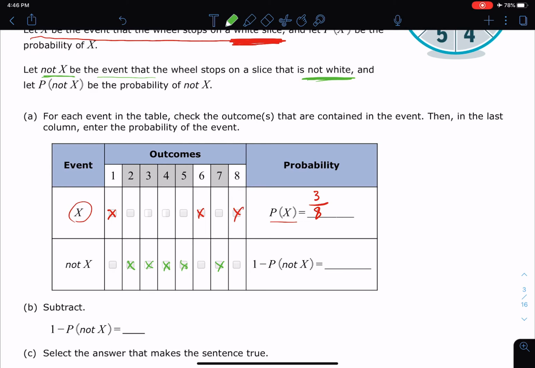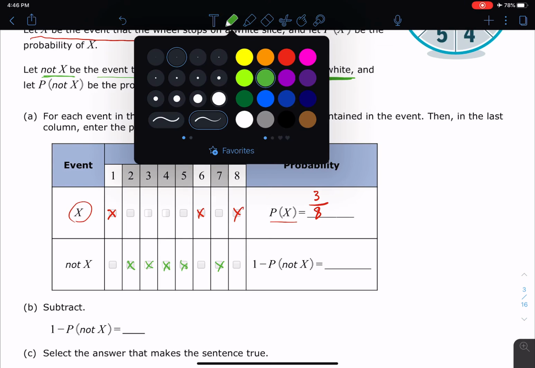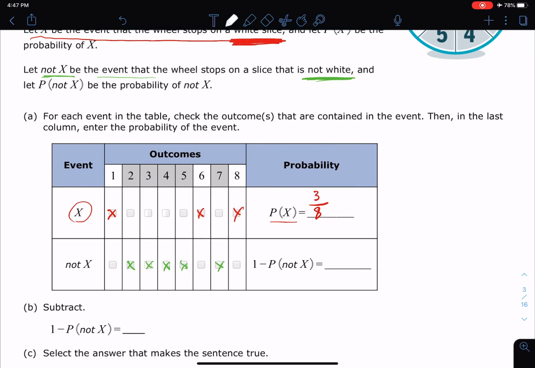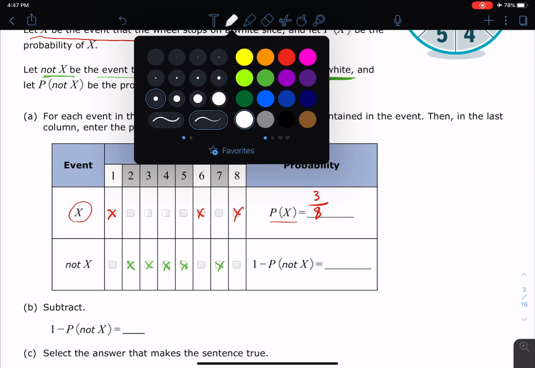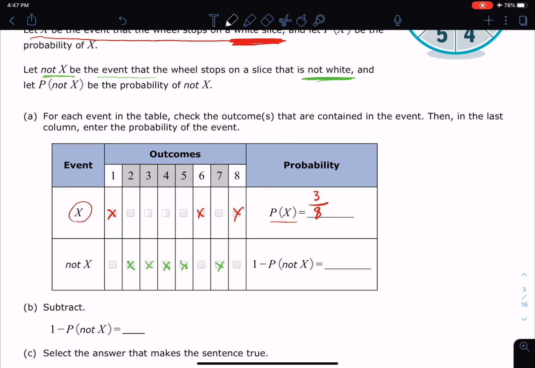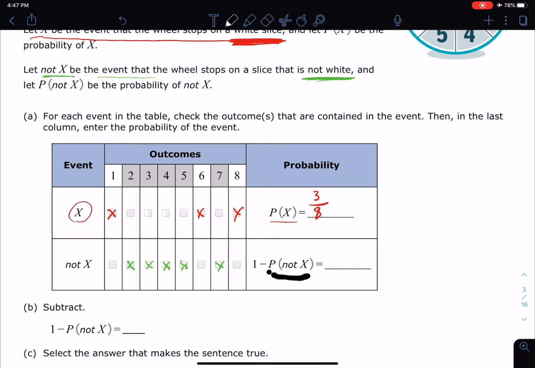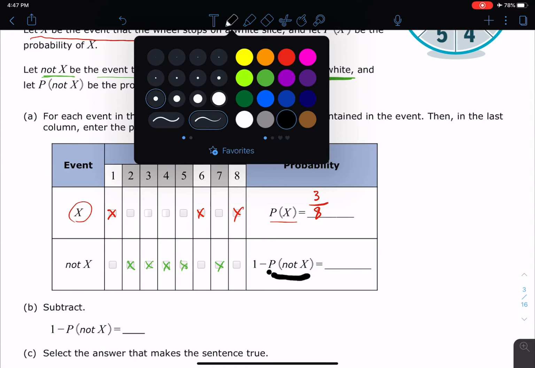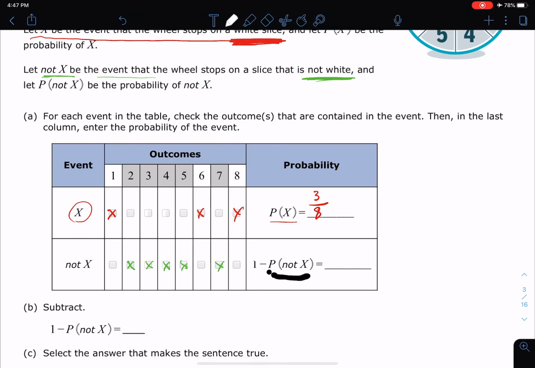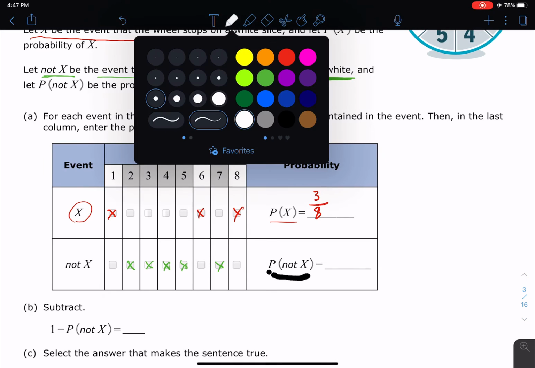And I've noticed now that this is an error. They've got an error right here. No, I better point it out. It's just supposed to say p of not x. And so this 1 here is not supposed to be here. This little 1, they have a typo. So let me just get rid of that.